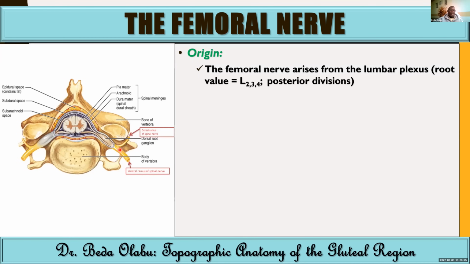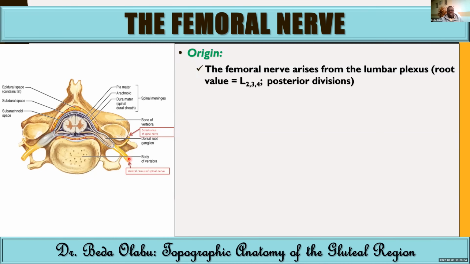Usually the ventral rami will also have two divisions, the anterior division and the posterior division. From a functional point of view, the posterior division tends to supply extensor compartments, as well as the abductor compartments.